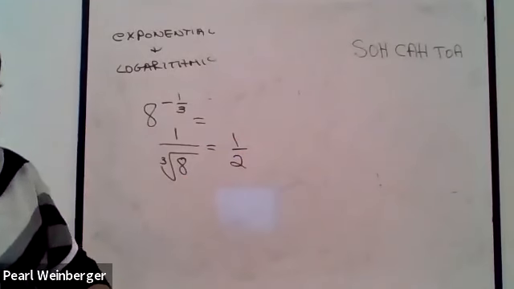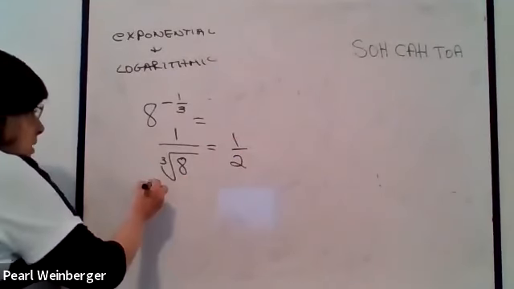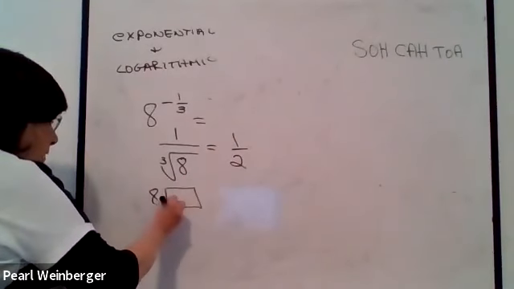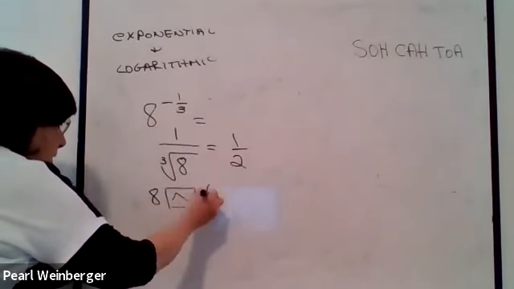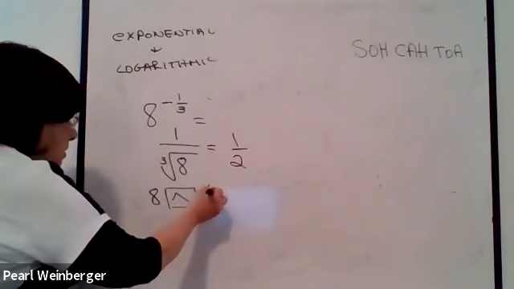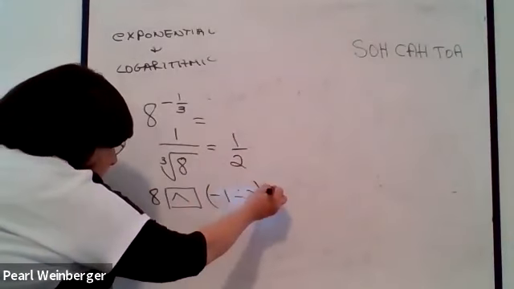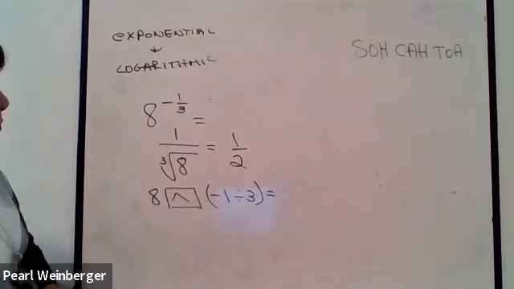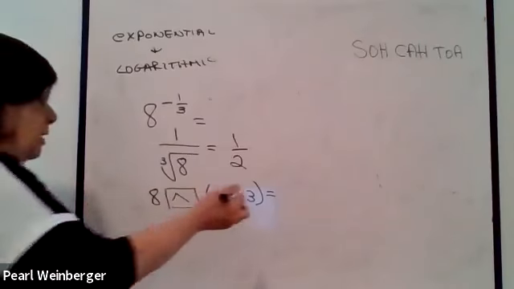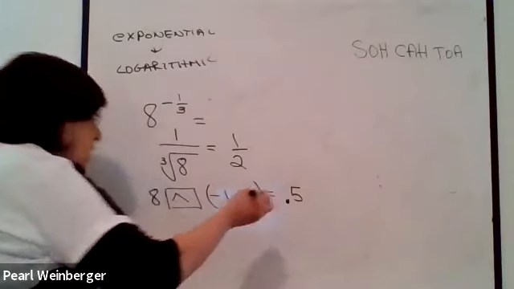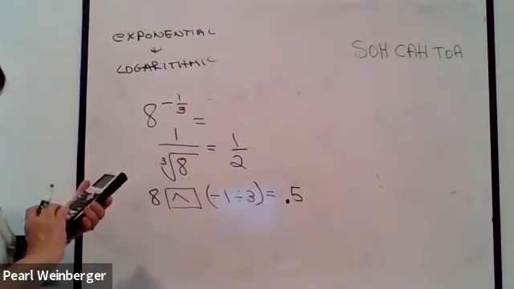And you could do this on your calculator. If you did it in your calculator and you did 8, and then you pressed your exponent button, and then parentheses, -1 divided by 3, it will probably come out to be 0.5, because it'll give you an answer in decimal form.